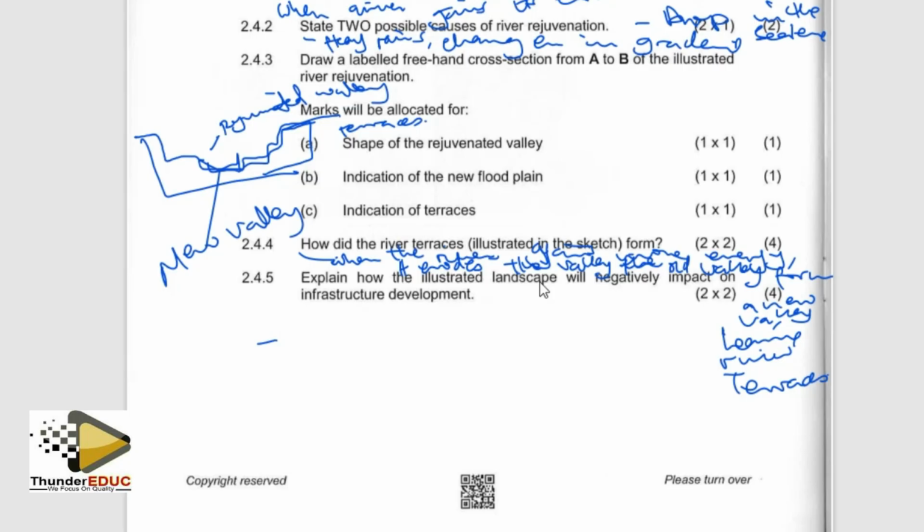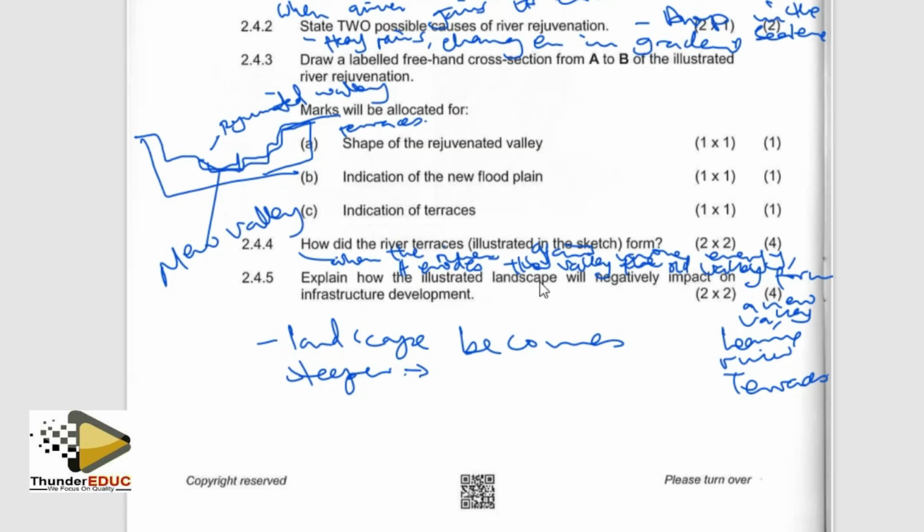So we'll find out that when the landscape becomes steeper, therefore, what happens? It becomes difficult for infrastructure to develop. The valley becomes steeper because now a new valley is eroded in the old valley. So the landscape becomes steeper.